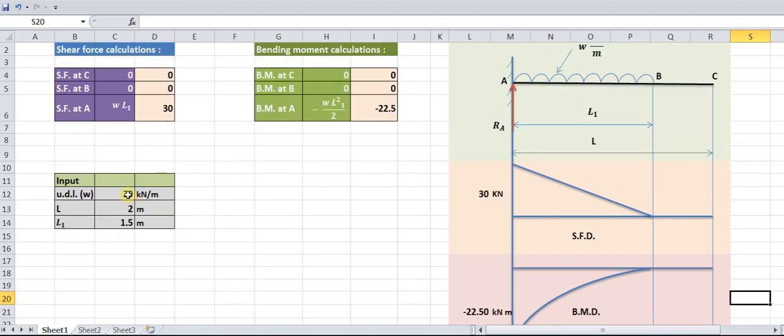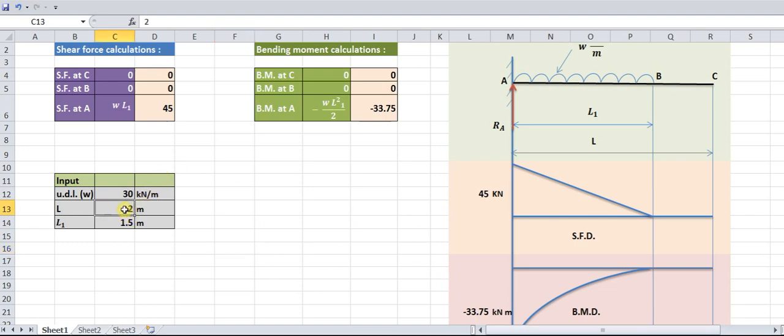Now here the UDL load in our example was 20 kilonewton per meter. The span length is 2 meter and L1 is 1.5 meter, and we have prepared an Excel calculator for this. So suppose now instead of 20, if we are having the load of 30, then also we can get these values of shear force and bending moment over here.